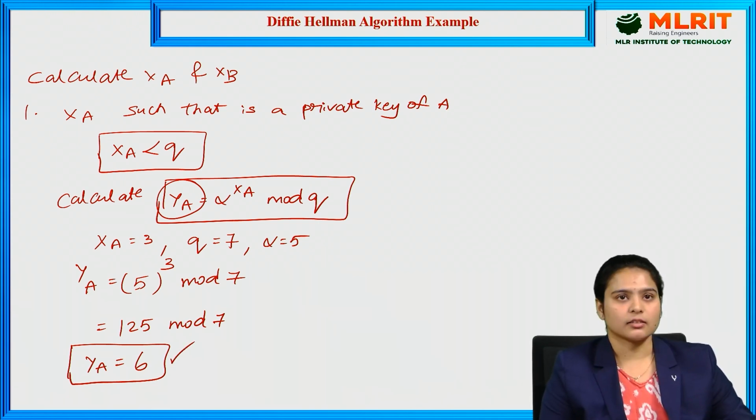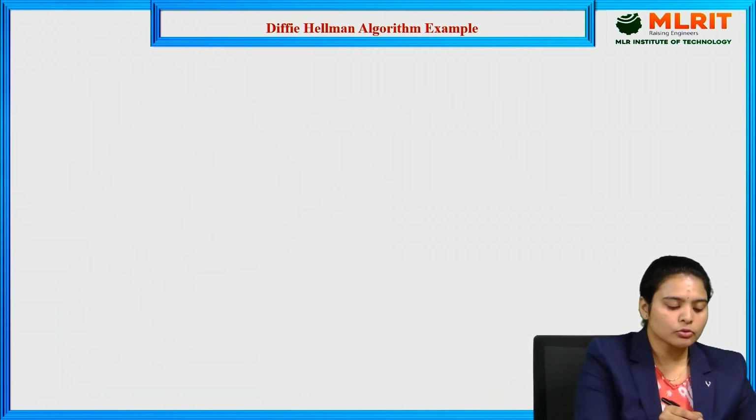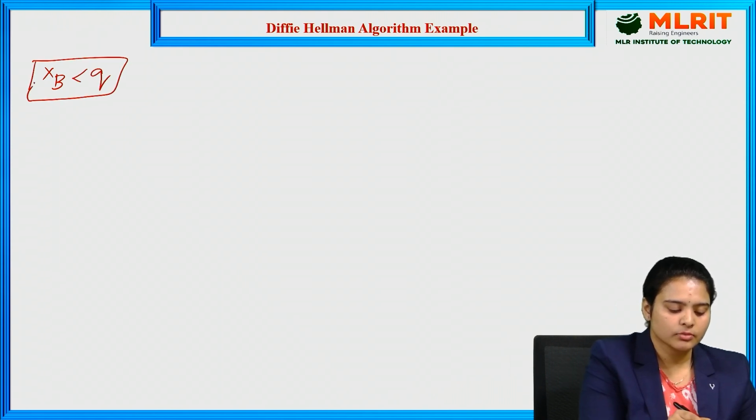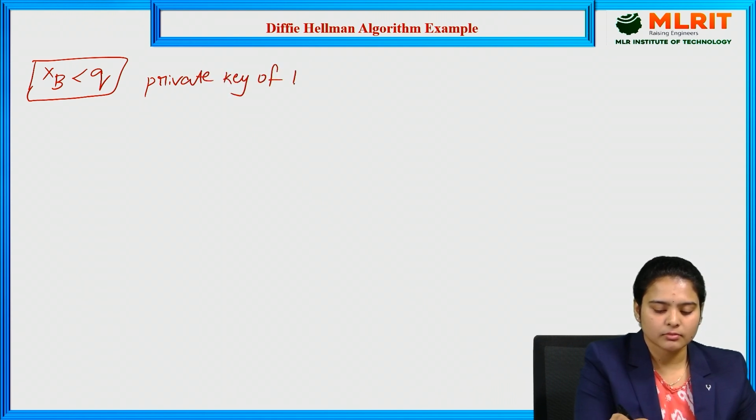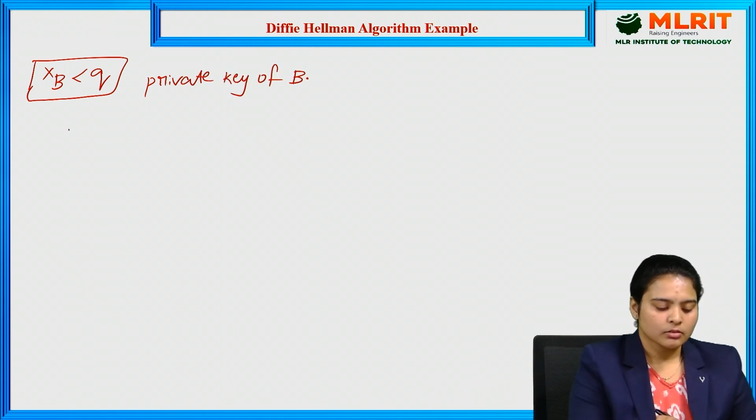Then next, we need to calculate XB such that XB is less than q. It is the private key of B. So we need to calculate YB.